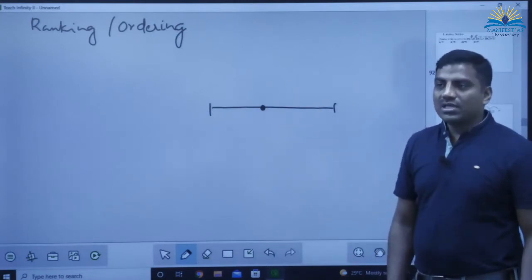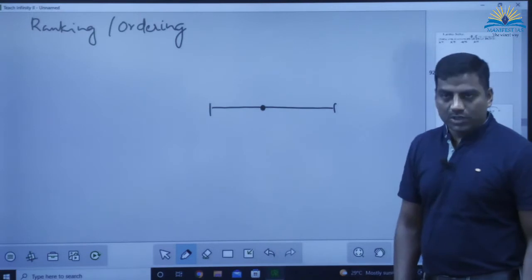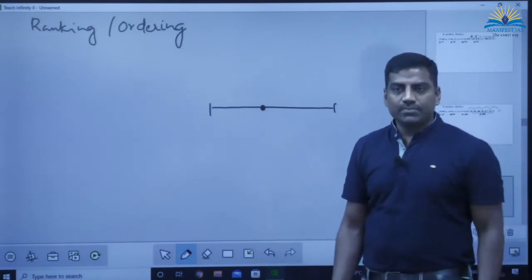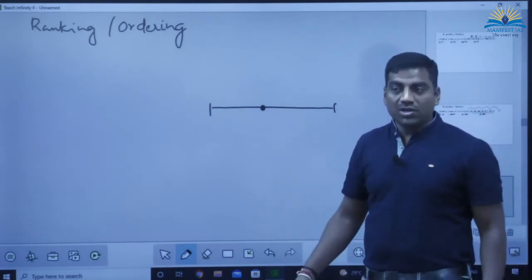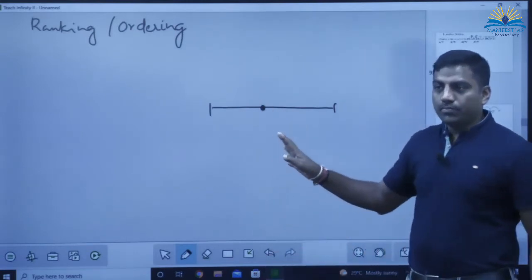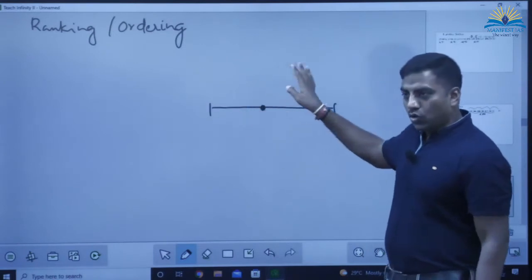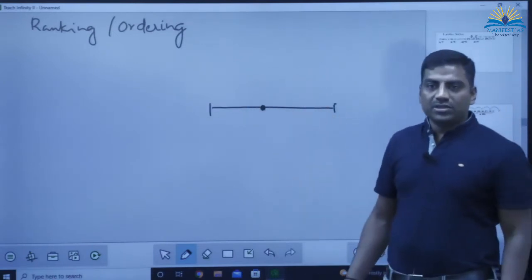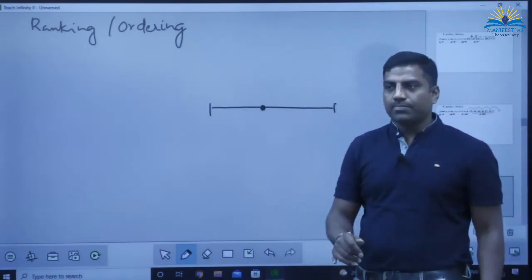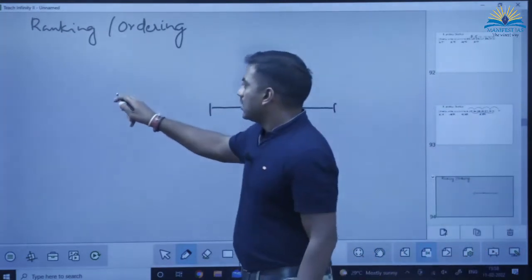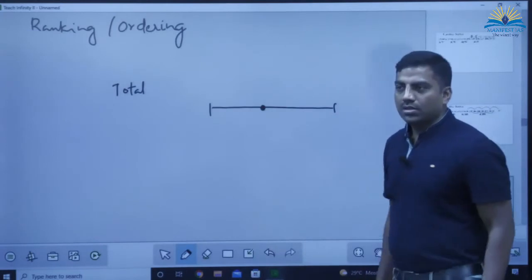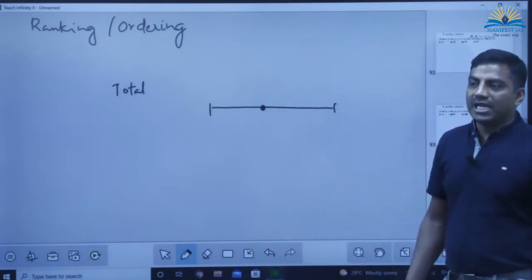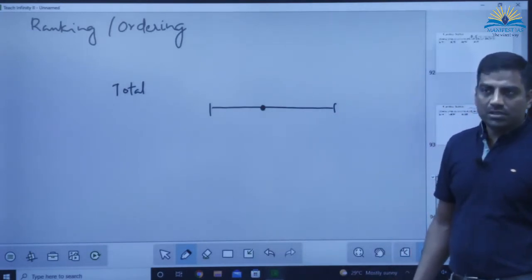Yes? But if I know some more details of the row, what would that be? Total number of people in the row. So if I want to know everything about this row, I would like to know the total number of people in this row. And in what ways can you tell me the position of the person?